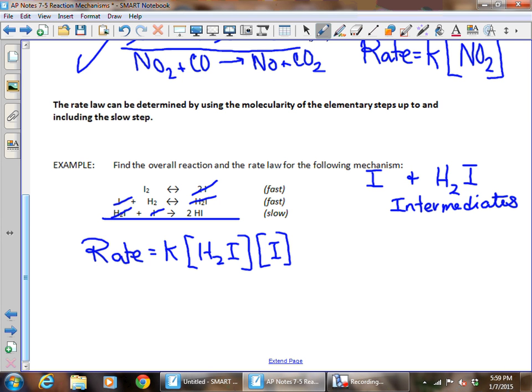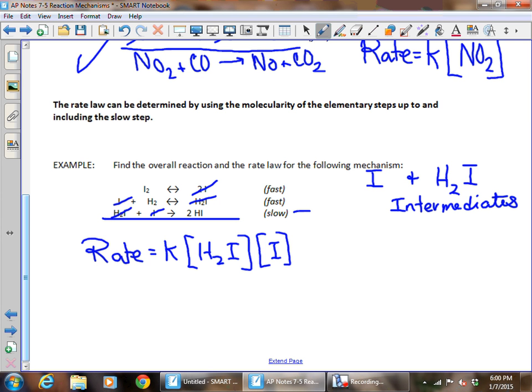Well, both H2I and I are intermediates, so that's doubly wrong for the rate law. We can't use either one of those. So how are we going to solve that? And we should have known that that wasn't going to work anyway, because the slow step in this particular reaction is not the first step. The slow step is the last step.